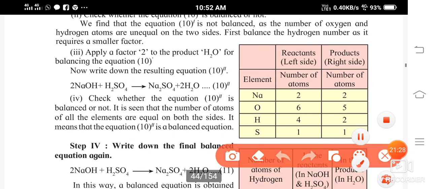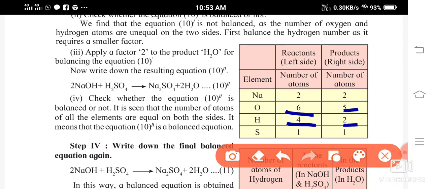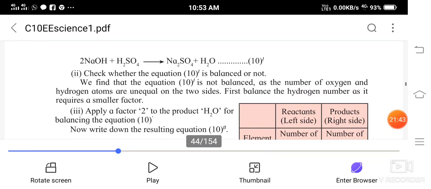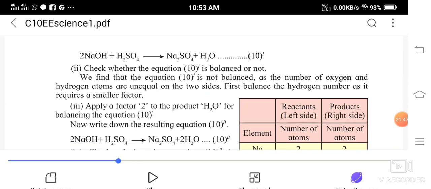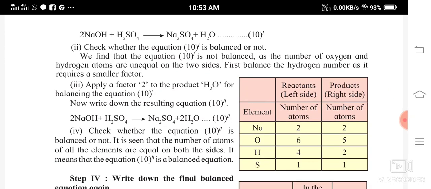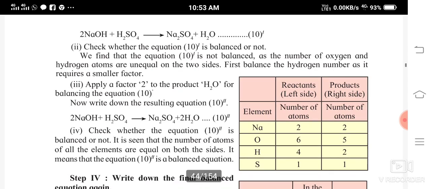Yes, oxygen is not balanced, and even hydrogen will get disturbed. On the left hand side it became 4 and on the right hand side it became 2. Yes, that also has been disturbed. You can see 2 atoms of hydrogen.